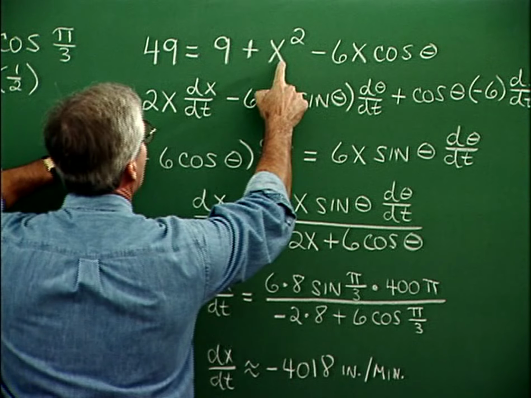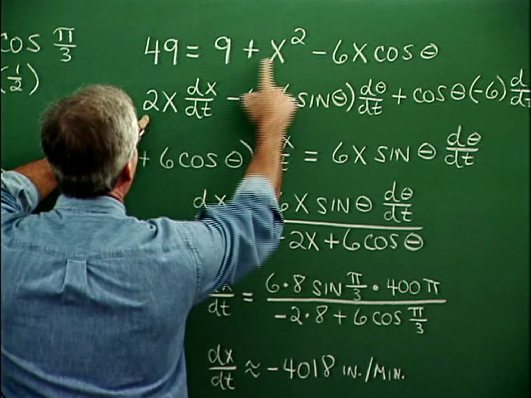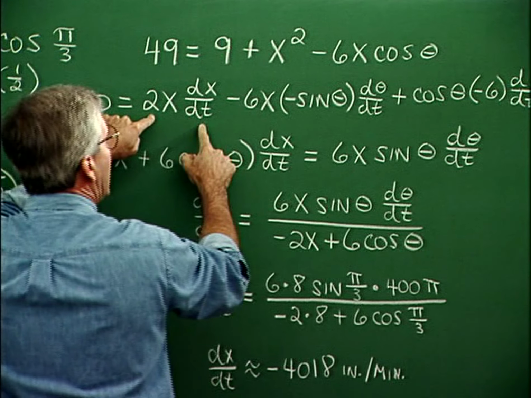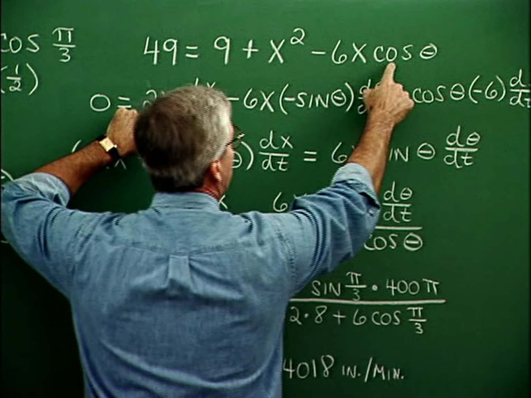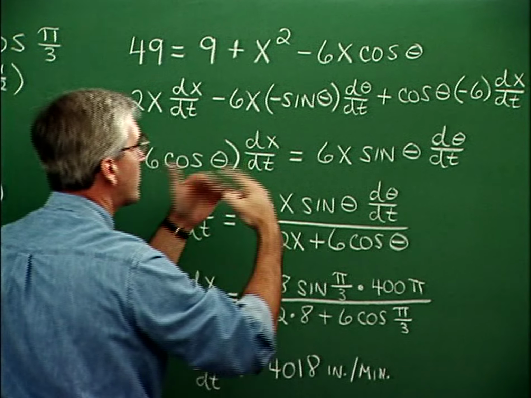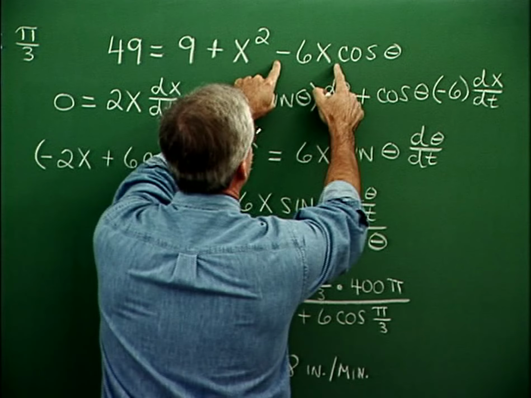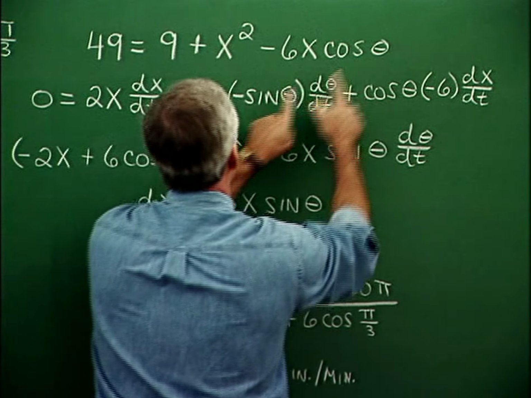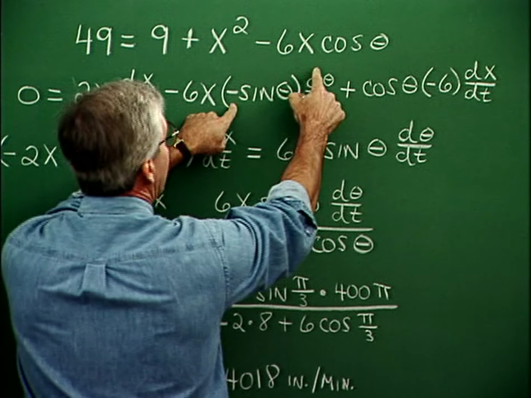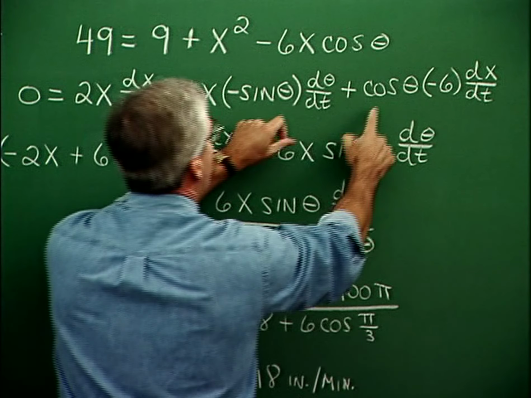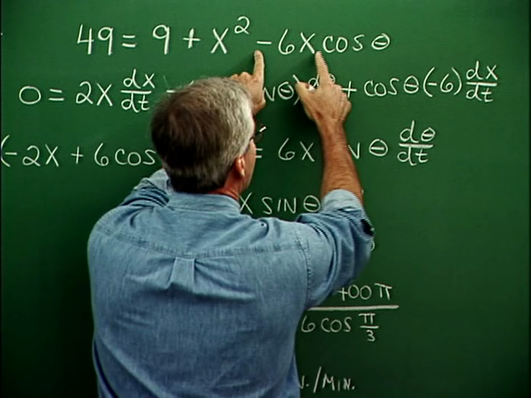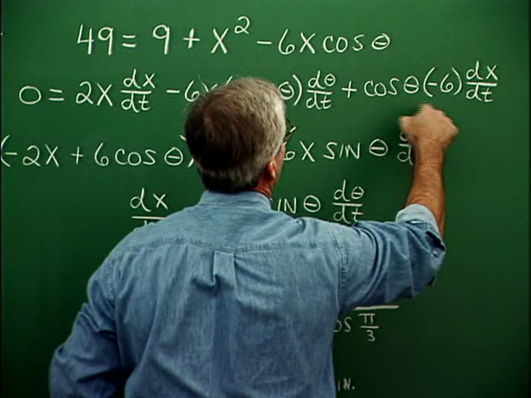Now here we would have 2x dx/dt. And then for this part, we're using the product rule, and we'll have minus 6x times the derivative of cosine theta, that's minus sine theta, and this is d theta/dt.